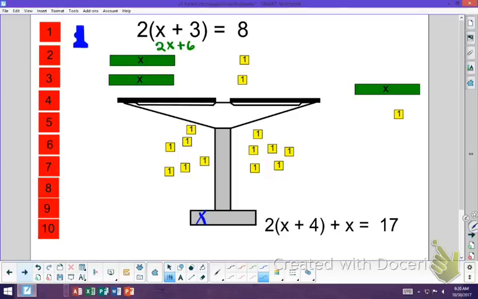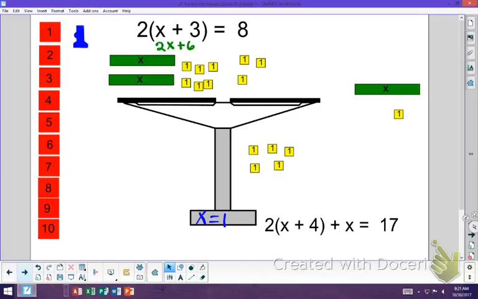So when I check it, we put everything back the way it was. And now I have each of these x's equal 1.